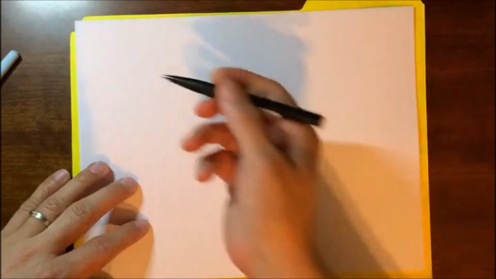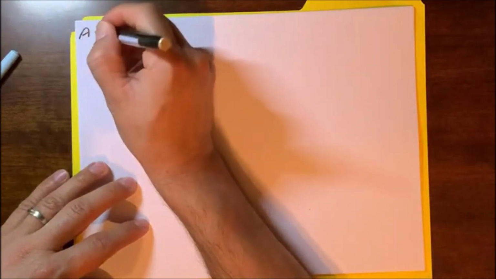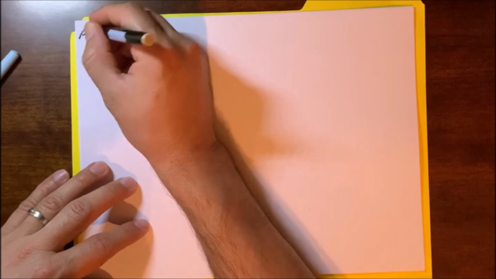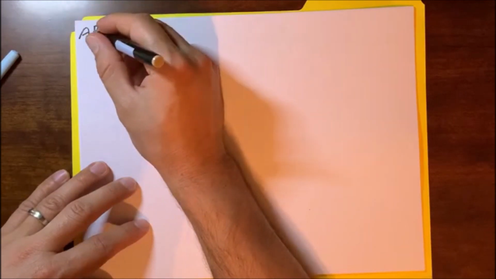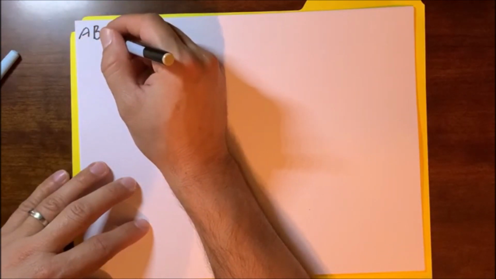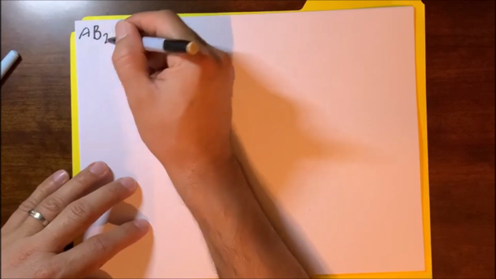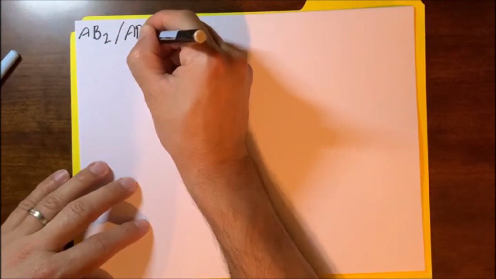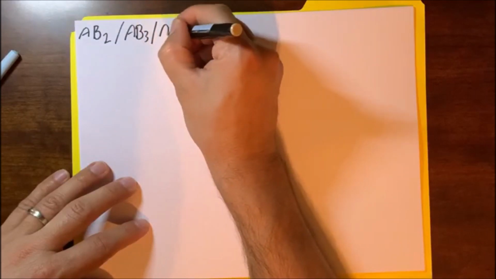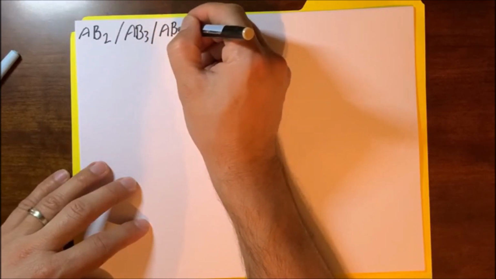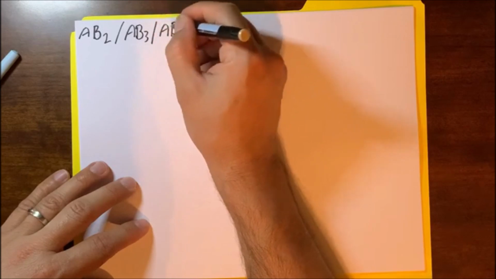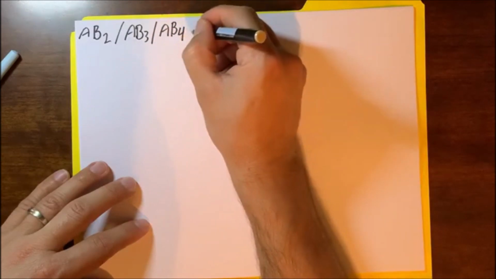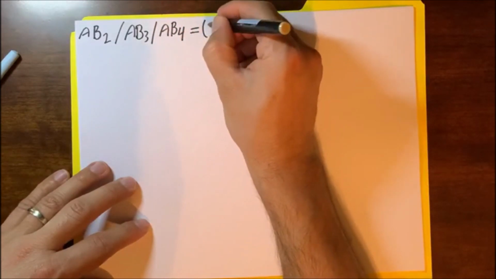Okay. So till now, remember we said we have a central atom A, and B is the outer atom. We practiced AB2, and then we switched to AB3, and after that AB4, which is tetrahedral.